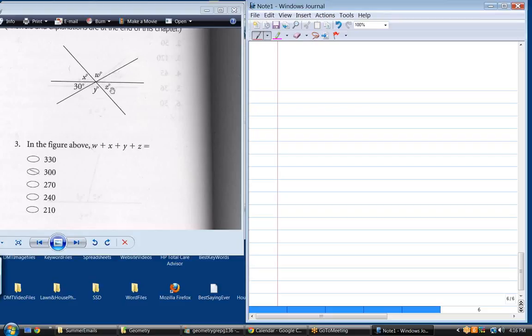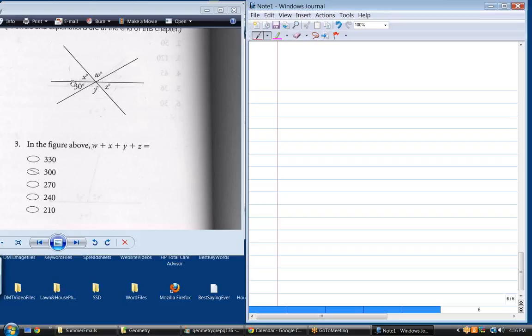What's this angle right here? 30 degrees. What's the sum of the four lettered angles? 360. Well, it's 360 if I count to two, this 30 degree and this 30 degree. But notice that each of these don't include that. So what would the sum of x, w, y, and z be?